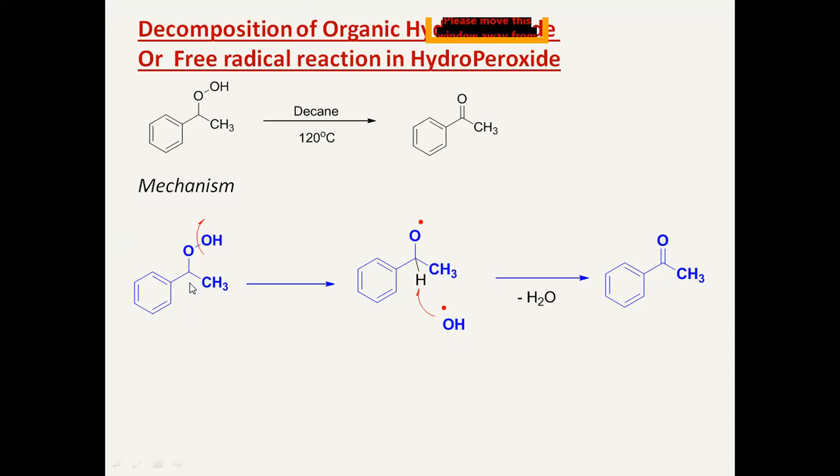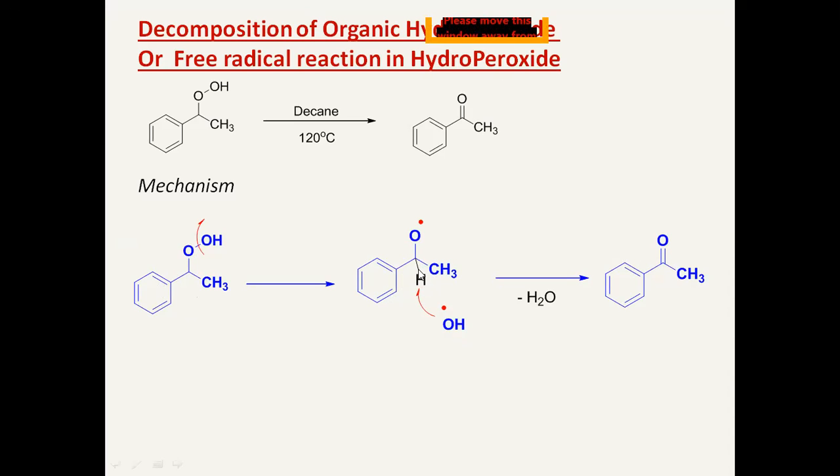At this carbon there is one bond with oxygen, one bond with the ring, one bond with methyl, and the fourth bond is with hydrogen. So this hydrogen abstraction takes place by this OH radical, by the same mechanism of free radical or homolytic fission.